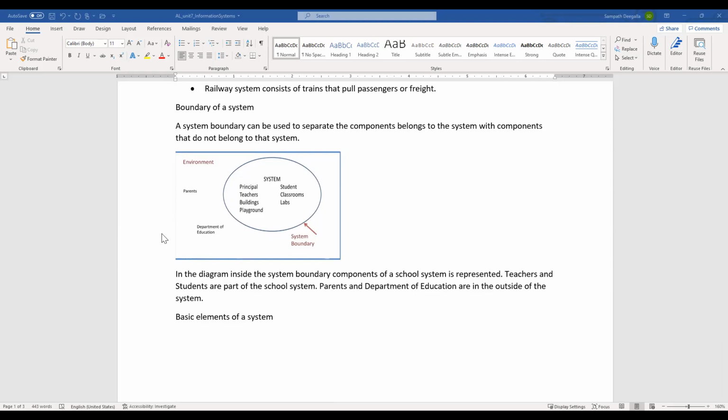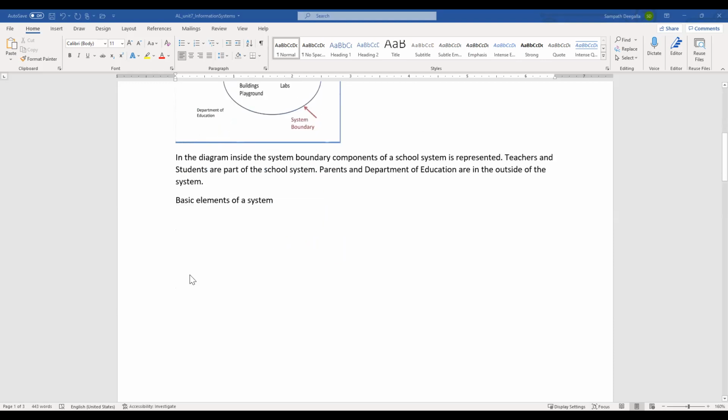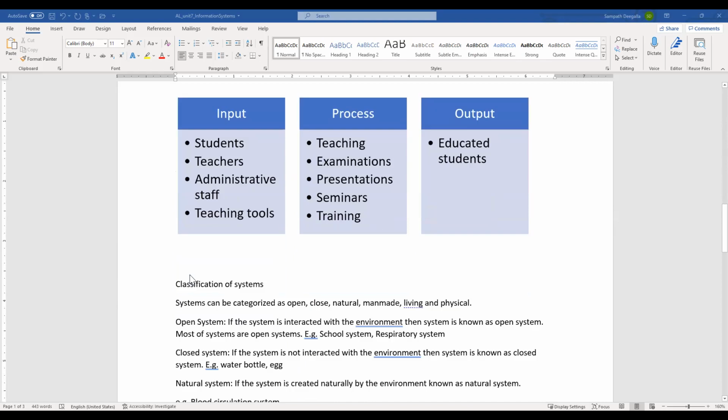In any system, you should be able to identify some kind of boundary, and this is known as the system boundary.